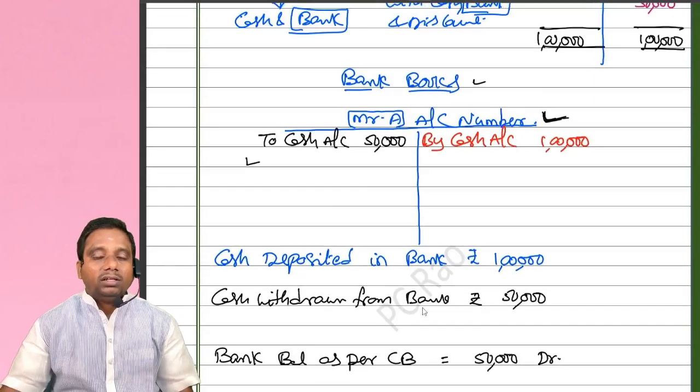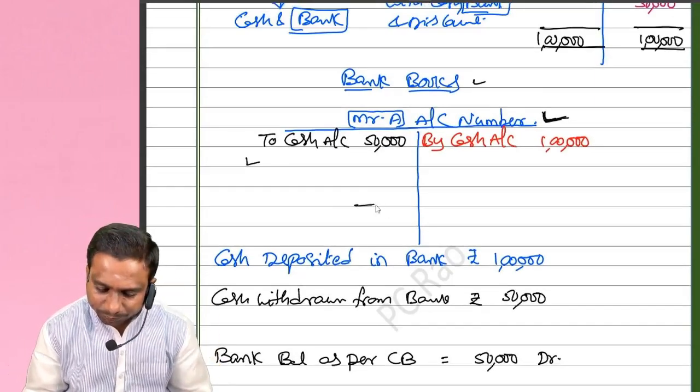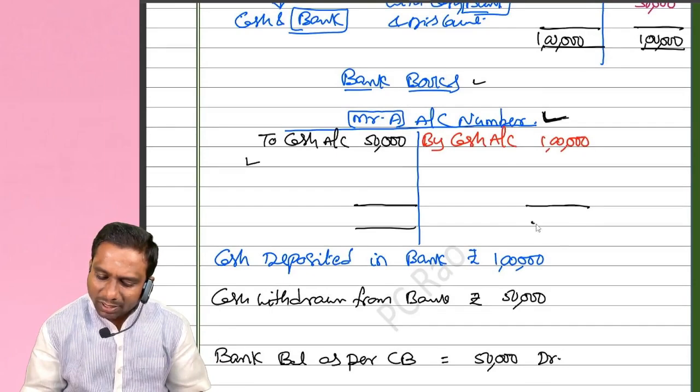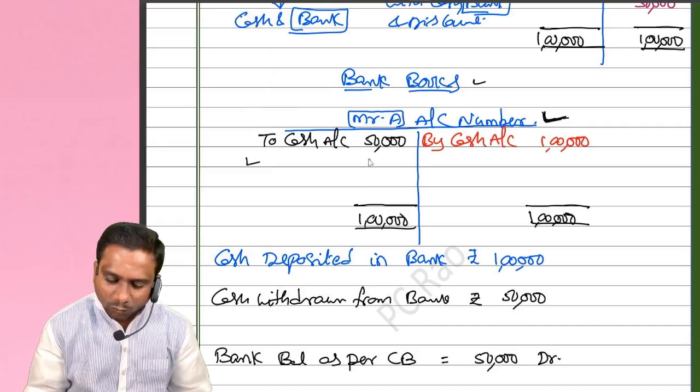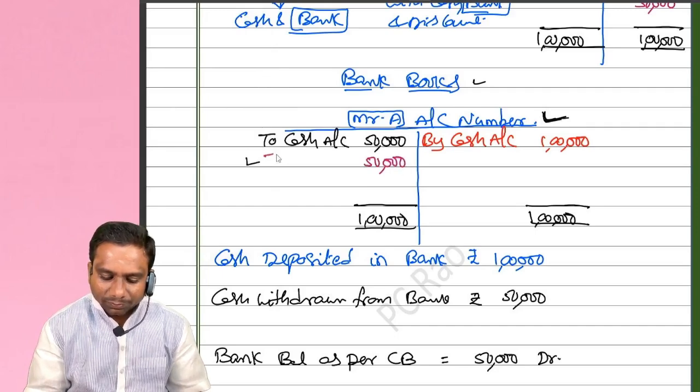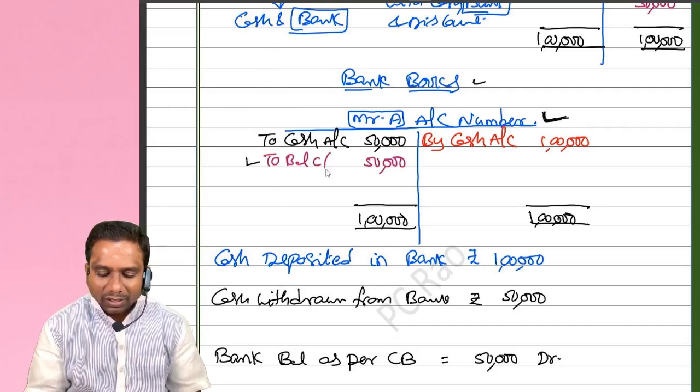Now, in the same manner, balance the bank account also. Credit side how much? 1 lakh. Debit side how much? 50,000. So, to balance it, what do we write? 50,000 rupees, to balance carried down.